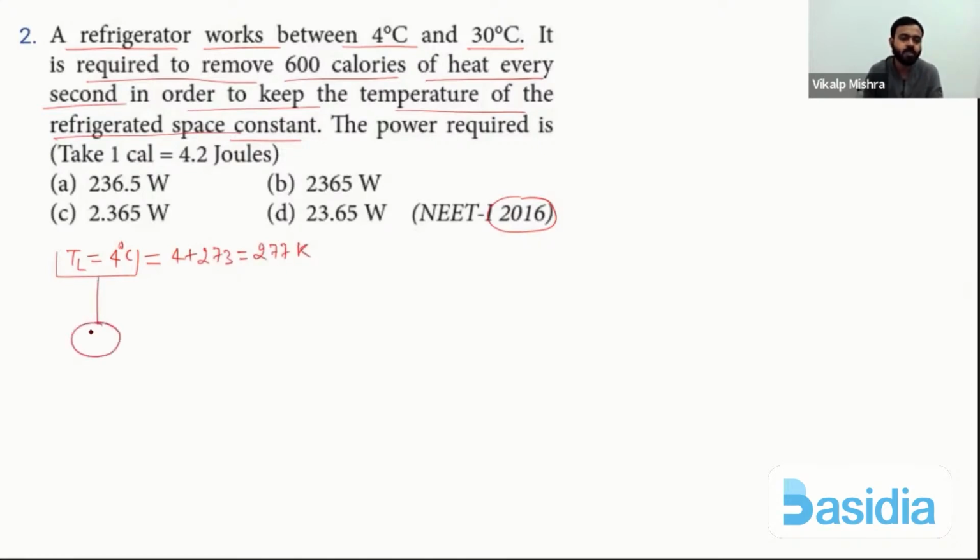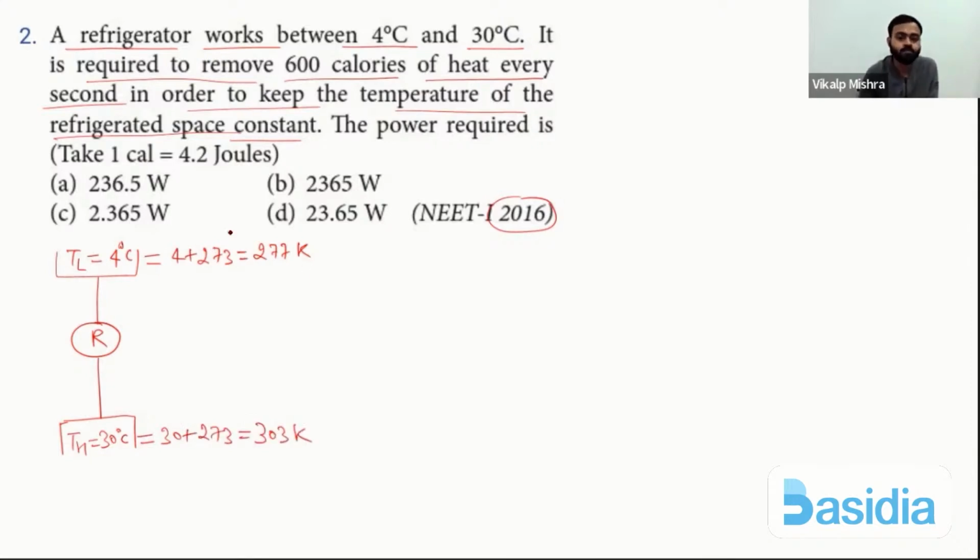Now this is our refrigerator, and here is the sink temperature, or atmosphere temperature, given as 30 degrees Celsius. So TH is 30 degrees Celsius. Convert it into Kelvin: 30 plus 273 is 303 Kelvin.